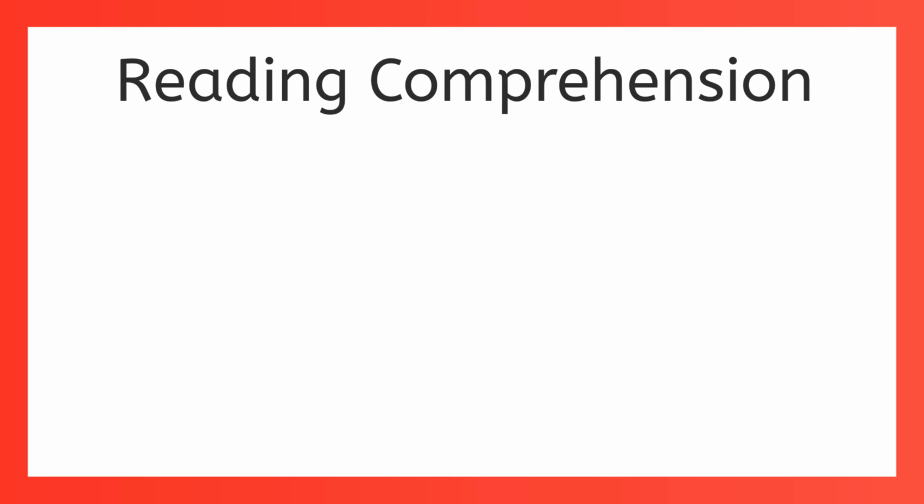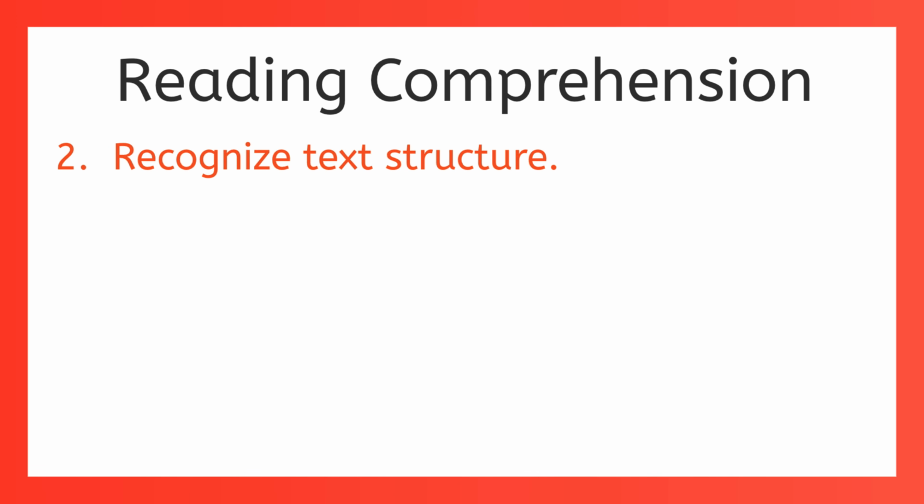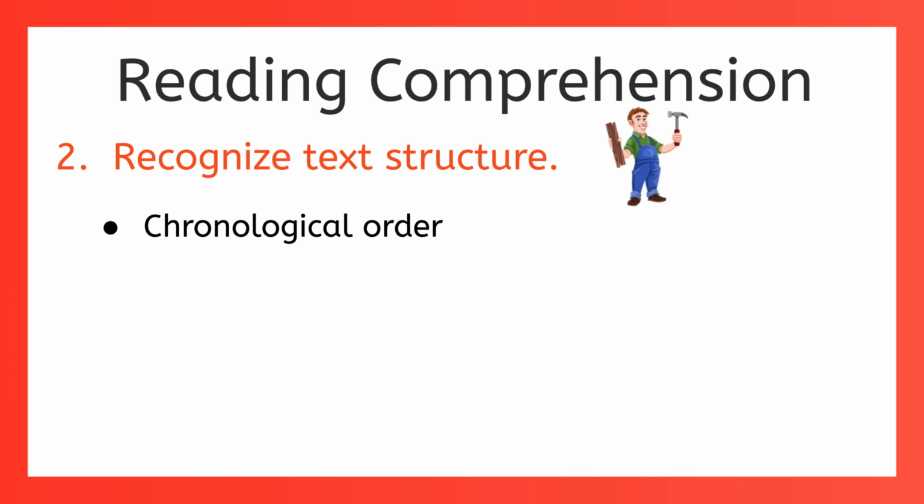Reading comprehension also involves recognizing text structure, or how the author constructed the passage. Most of the stories we read are told in chronological order. That means time order. You know, this happened first, and then this happened next, etc. When an author is writing an informational piece about a specific topic, sometimes they start with a central idea and then present the details that support it.